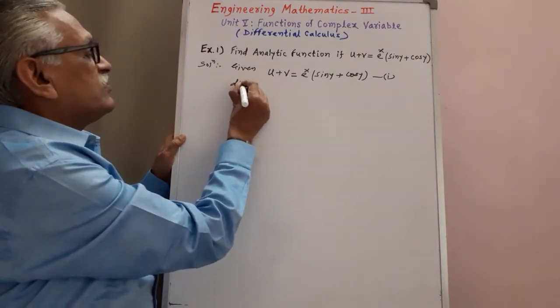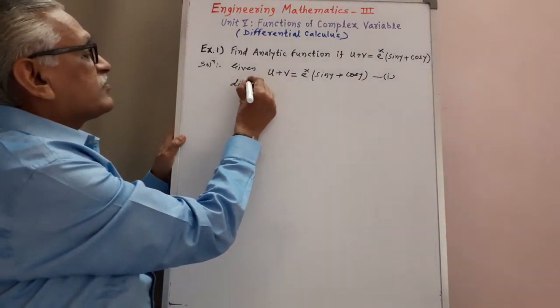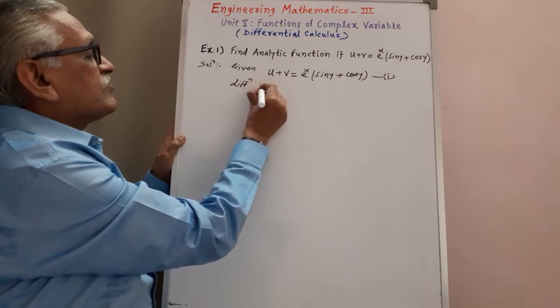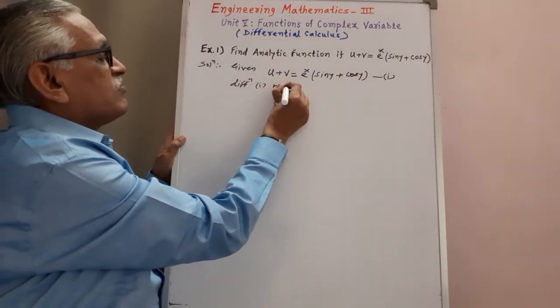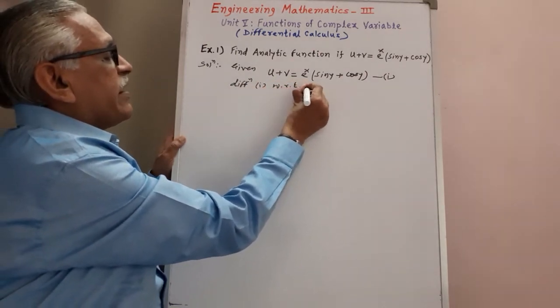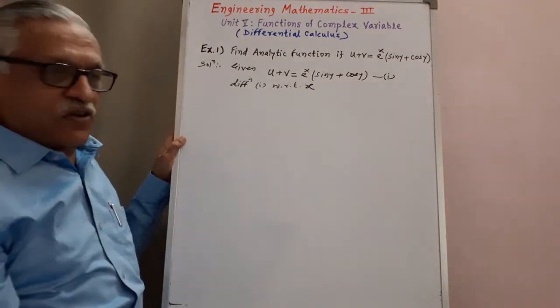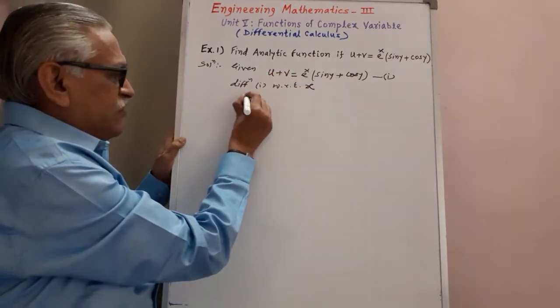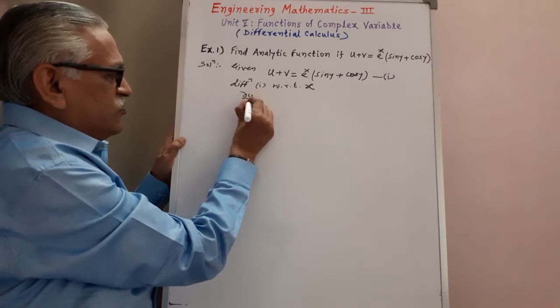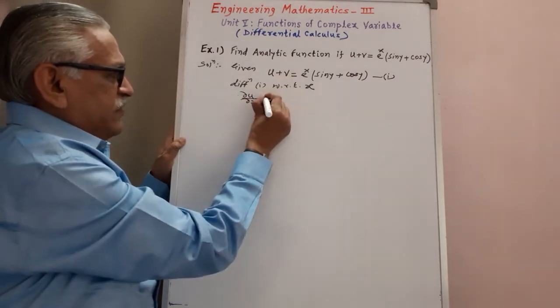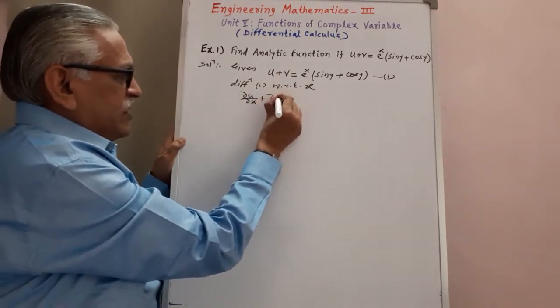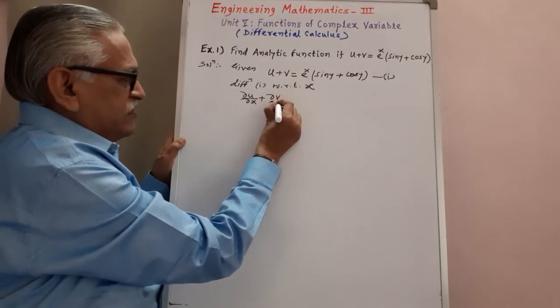Therefore, first differentiating 1 with respect to x, keeping y constant, the derivative of u with respect to x is dou u by dou x, and the derivative of v with respect to x is dou v by dou x.